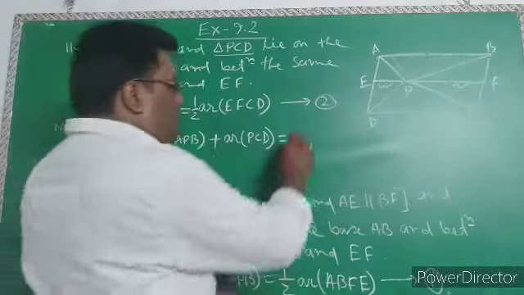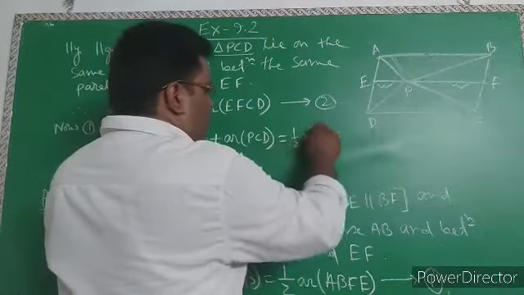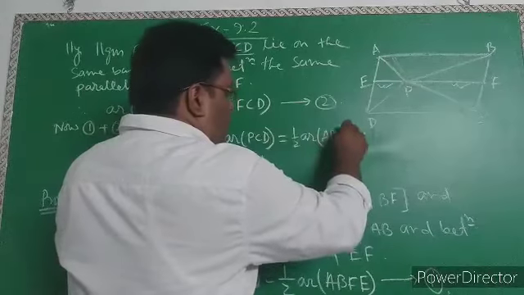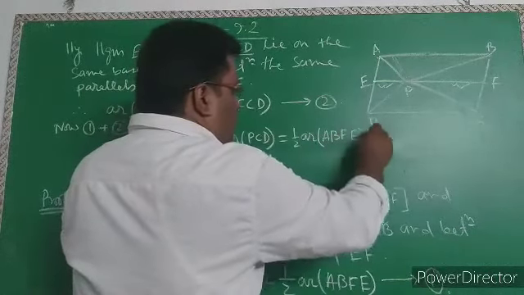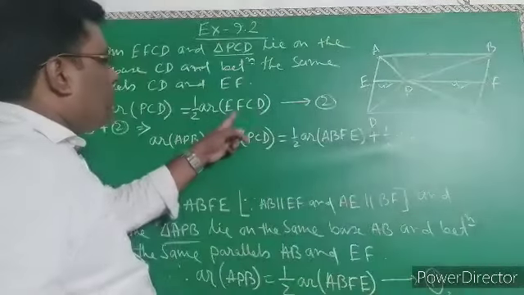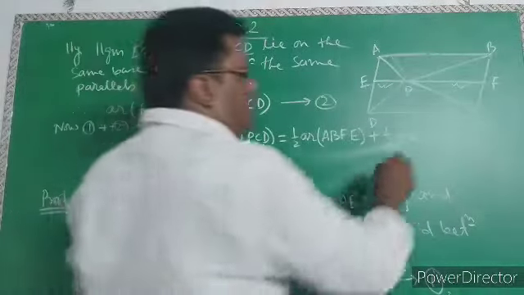Right hand side is half area of ABFE plus half area of EFCD.